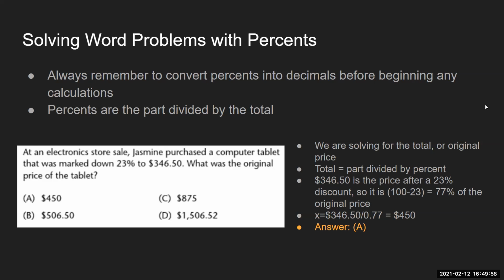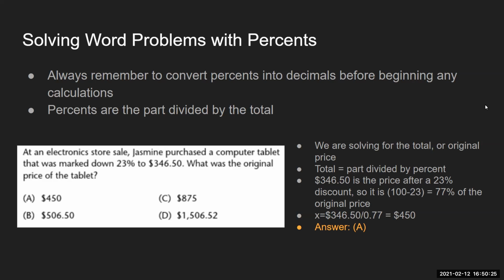So here's something to keep in mind, the 23%, that's not our percent. We didn't pay 23% of the original price. It was 23% off. So we have to subtract that from 100 to give us 77%. So if you go to a store and you buy something that's 23% marked down, you are paying 77% of the original price.